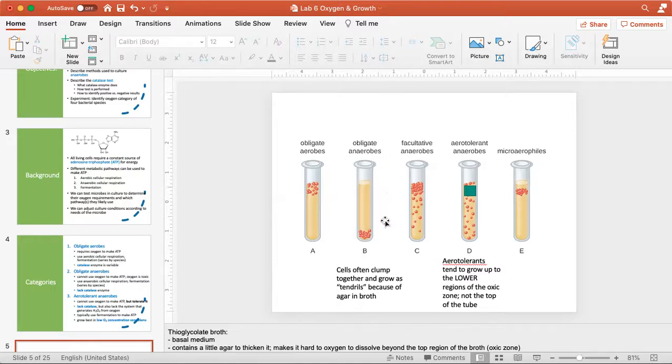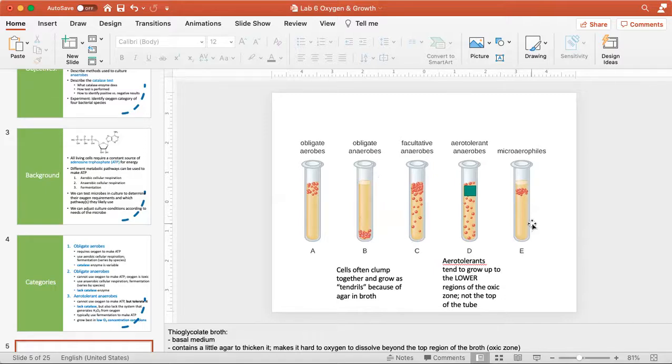But then at the other end of the tube, way down at the bottom, there won't be any oxygen because it won't be able to penetrate all the way down to the bottom. So lots of oxygen up at the top of the tube, no oxygen down at the bottom of the tube, and everything in between. So in other words, lots of oxygen, and then as you go down, there's less and less and less until there's none.